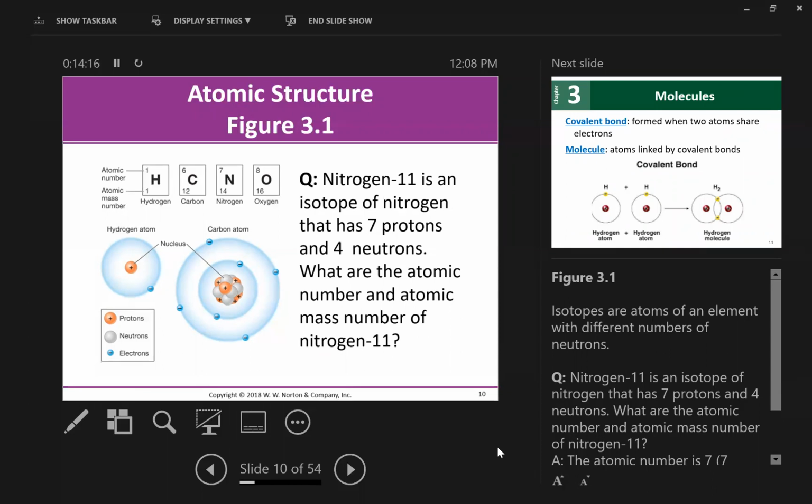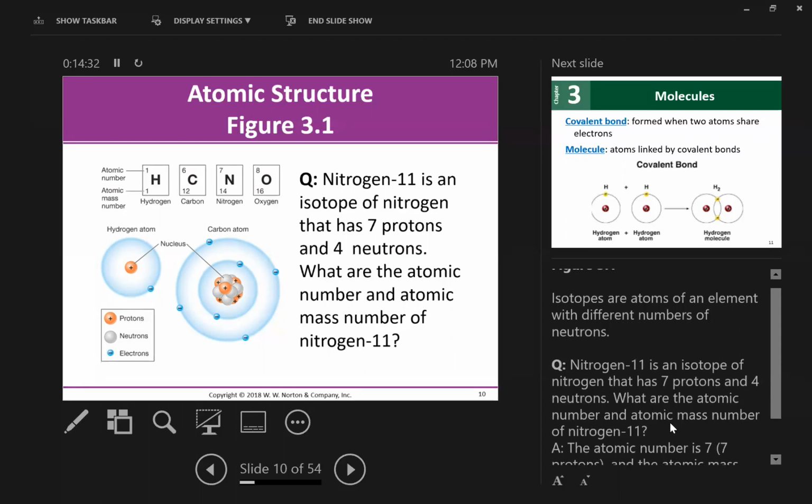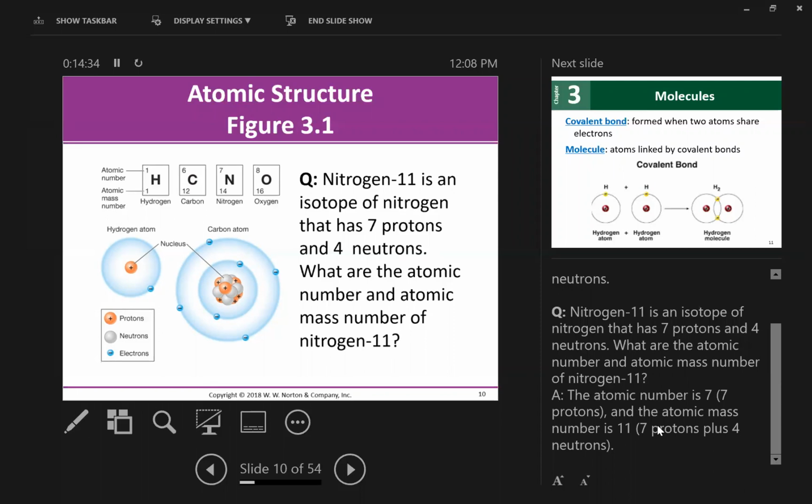Now, since it's an isotope and it's called nitrogen-11, we know that the atomic mass number is in fact 11. So how many neutrons are going to be in this isotope? We have 7 protons, 4 neutrons. Okay?